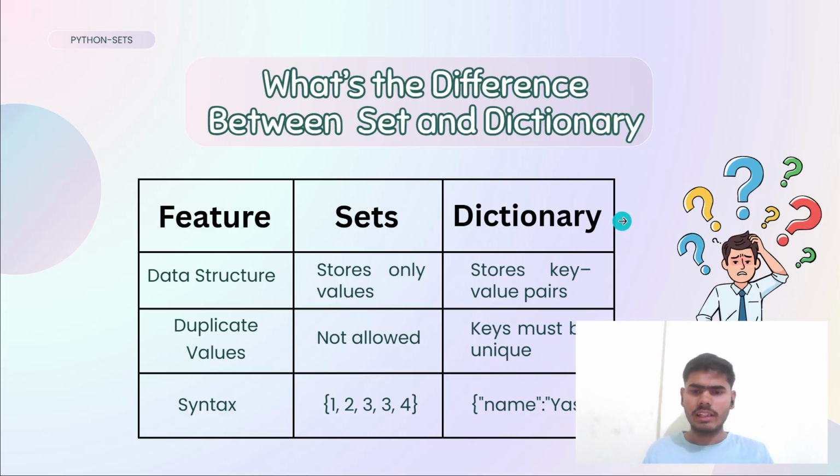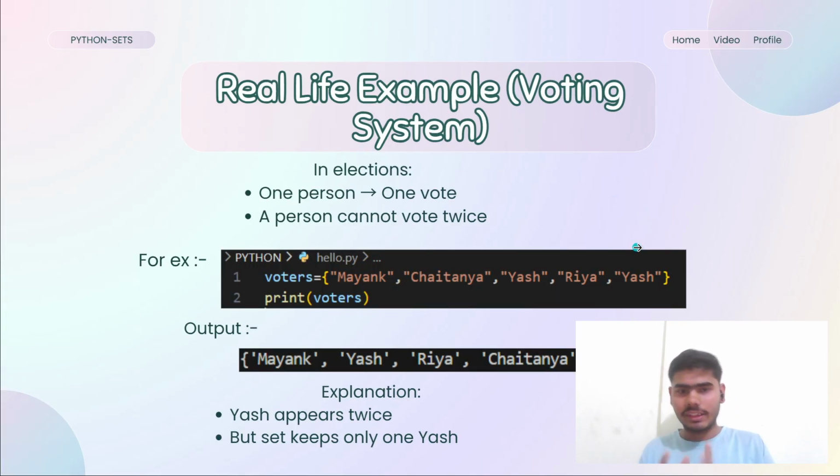Let's go further now. Let's take an example that is there in real life. I have taken a voting system because in an election only one vote is to be counted for a person, and a person cannot vote twice. So a set can be used here.